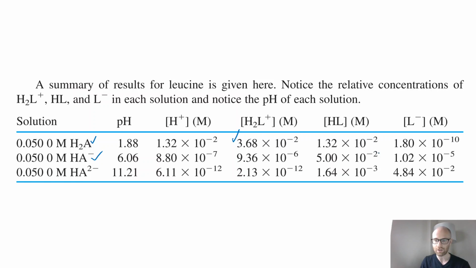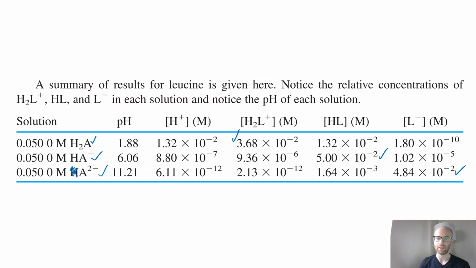Same can be said for the intermediate, and the same can be said for the fully deprotonated form. I believe that is a typo in your book, actually. That this is the most, like the largest amount. If you wanted to turn these into like a percentage, you would just divide all of them by 0.05 molar, which is the formal concentration.